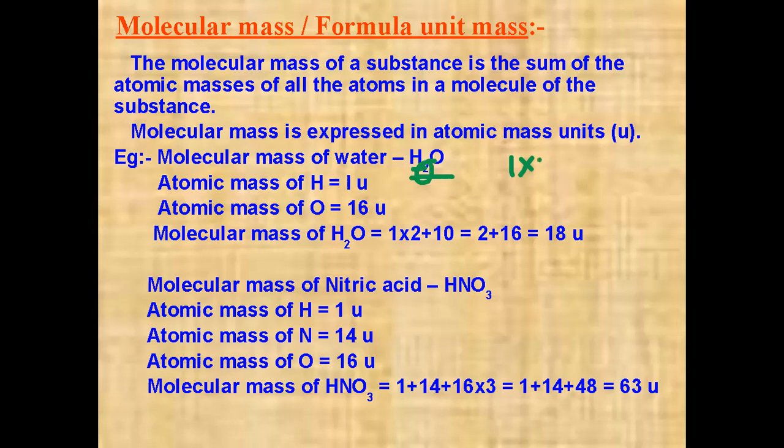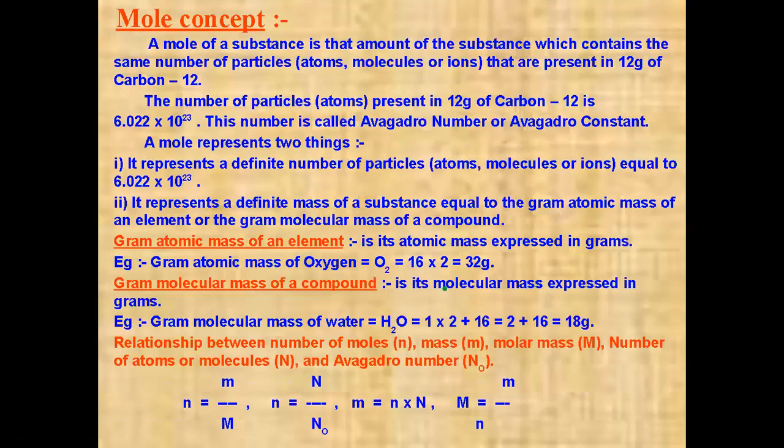So we will multiply this with 2 and plus, what is the mass of oxygen? 16. Right? So what is the answer? 2 plus 16 is 18. So the formula unit mass of water is 18 u. Okay, in the same way you can find this for nitric acid and all.